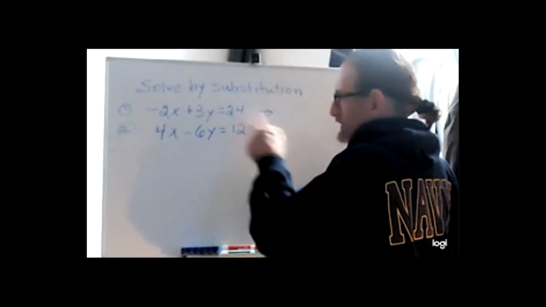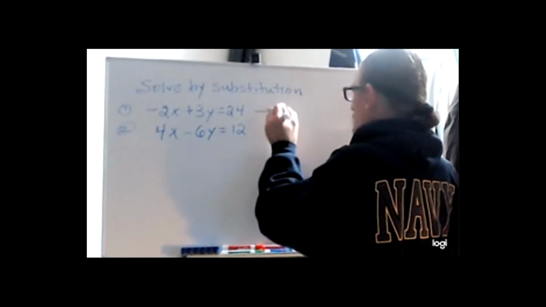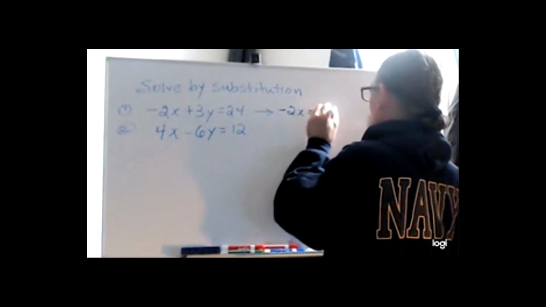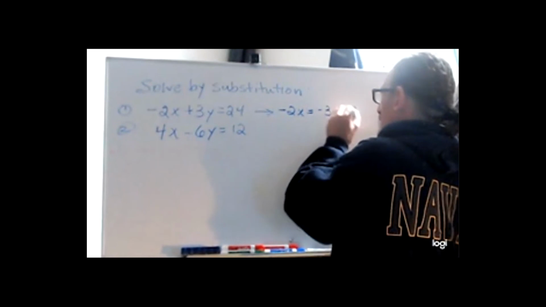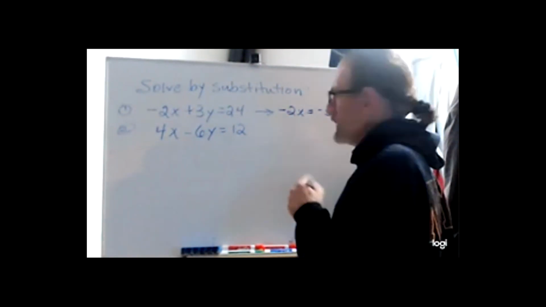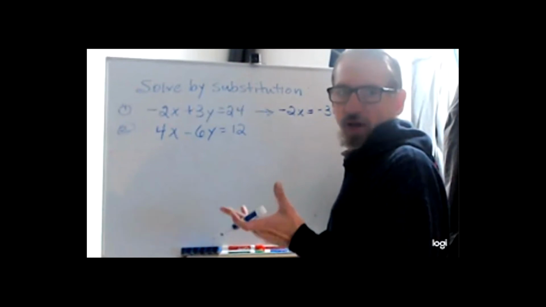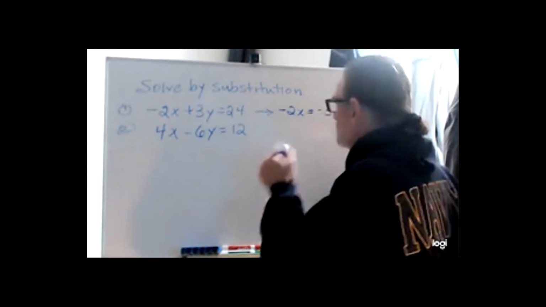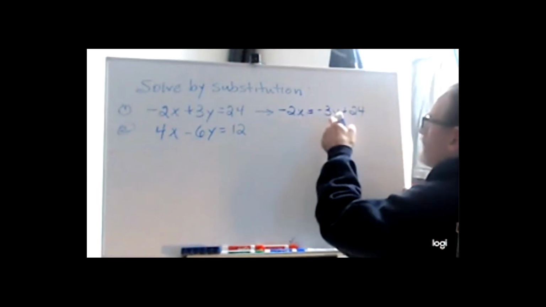by subtracting 3y from both sides. You don't always have to solve for y when you are using substitution. Solving for y is a matter of getting slope-intercept. We don't always have to do that in substitution. So divide everything on both sides by negative 2.